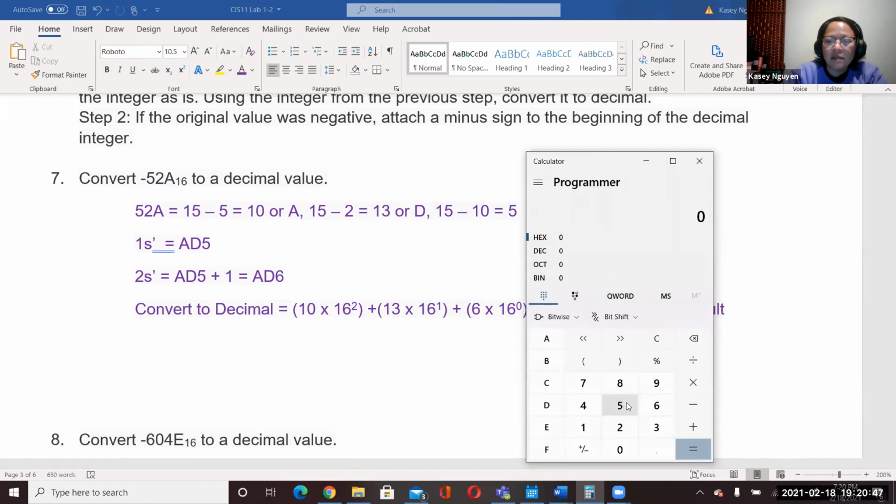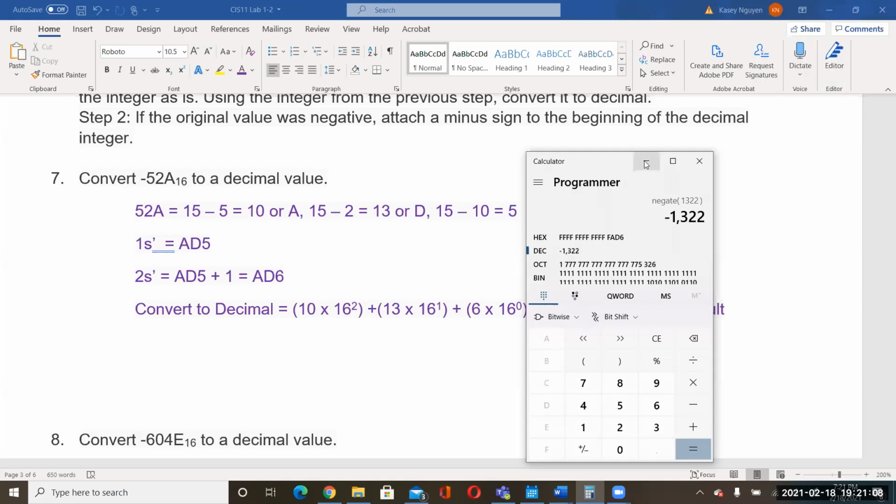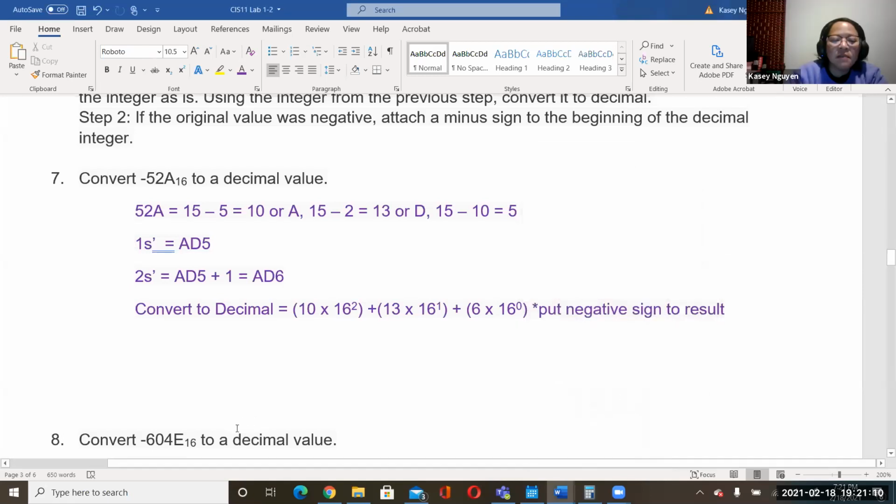With hex 52A, when we bring it to negative, you see how the output is negative. So if you start with the negative hex, if it gives you something like this, then you need to attach the negative sign to the decimal after you convert it. Same thing with number 8. That's why I put it here.